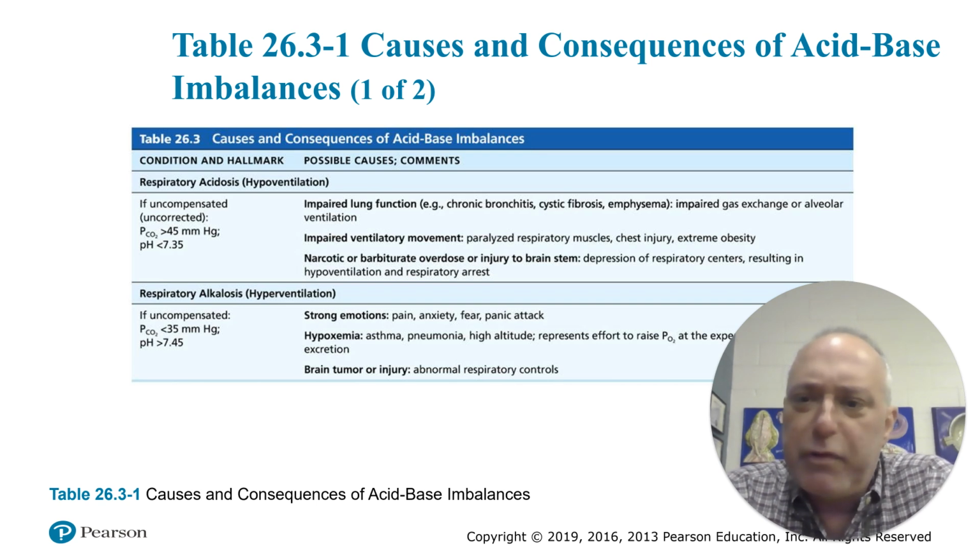So respiratory acidosis is when the respiratory system becomes acidotic because of decreased ventilation, and you've got some lactic acid buildup and decreased pH. Then you've got respiratory alkalosis, which could be a result of hyperventilation, strong pain, anxiety, fear, panic.